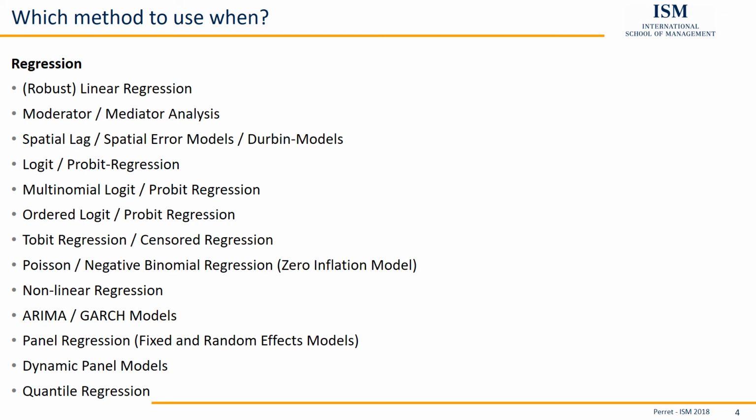Because if I can run this for medians, I can also run this for different quantiles, meaning I can study how my regression line changes with regard to the lower 25% of my dependent variable or the upper 25% of my dependent variable.